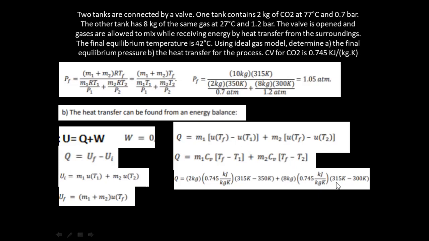TF is again our final temperature or mixing temperature at 42 degrees Celsius converted to Kelvin, that is equal to 315 Kelvin, minus 300 Kelvin. This is the temperature of the gases at the second tank at 27 degrees Celsius converted to Kelvin.